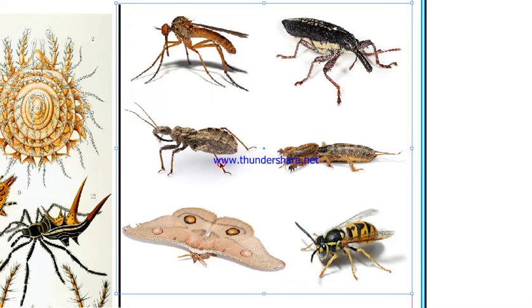In all insects they have 3 pairs of legs, and some insects have 2 pairs of wings at one stage of life. Some insects have wings in their entire life, like mosquitoes, honeybees, and then butterflies, moths.